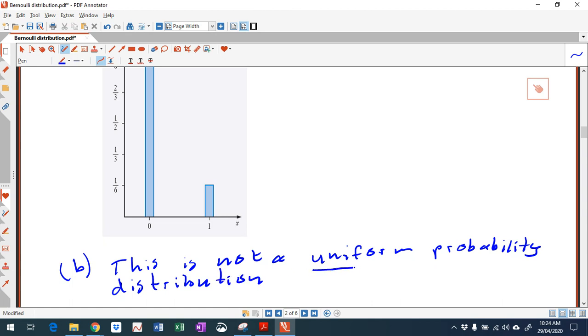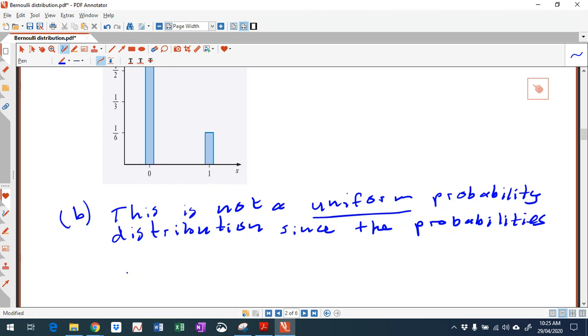Uniform means the same. So we're going to go, since the probabilities are not equal.